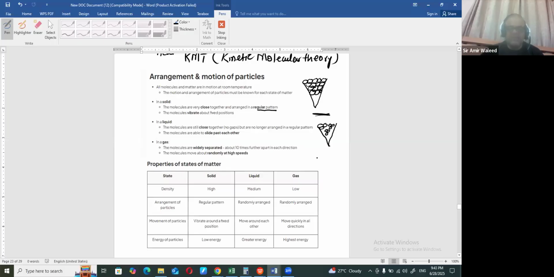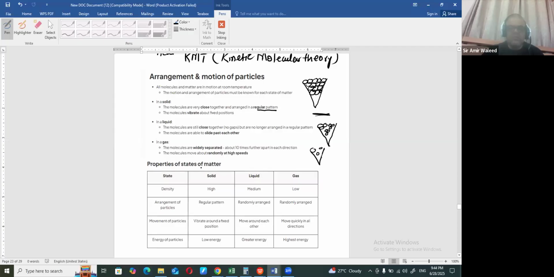Next is gases. Gases are very far away from each other. You can say particles are like this, very far apart, maybe 10 times further apart in each direction, widely separated, moving in random directions at high speeds. Remember that in liquids and gases, the motion of the particles is given a special term: Brownian motion, which we will talk about in a few minutes.